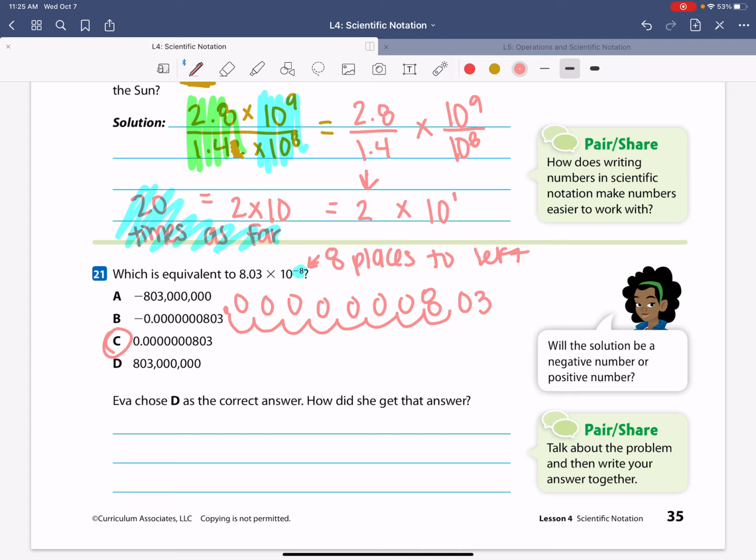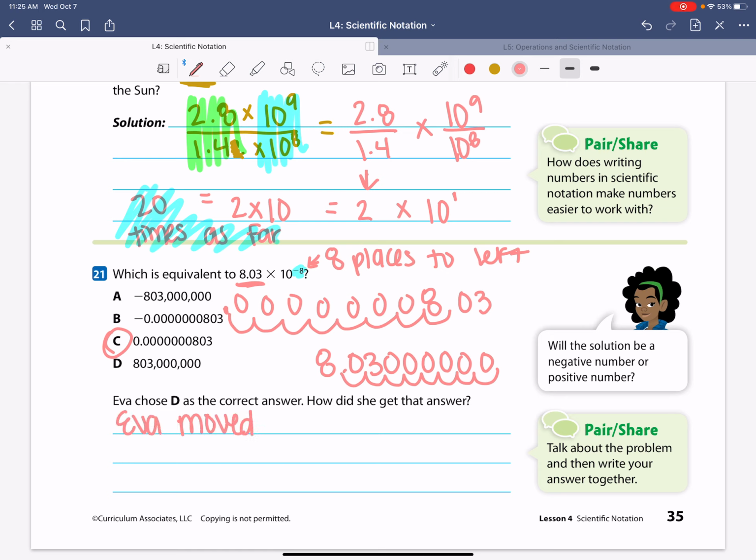Eva chose D. And what's so important with that is if we start off with our number between 1 and 10 in scientific notation, and you go the opposite way, if you go 8 places to the right, 1, 2, 3, 4, 5, 6, 7, 8, you'll end up with what Eva did. Okay, so she kind of didn't know what the negative 8 meant.